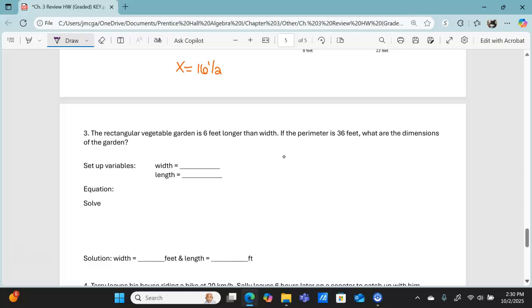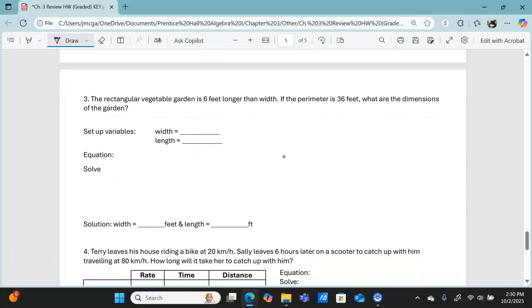A vegetable garden is 6 feet longer than its width. So we're going to call the width W. The length is 6 feet longer than that. My original perimeter formula is twice the length plus twice the width. So my perimeter is 36. I'm going to replace this P with 36.